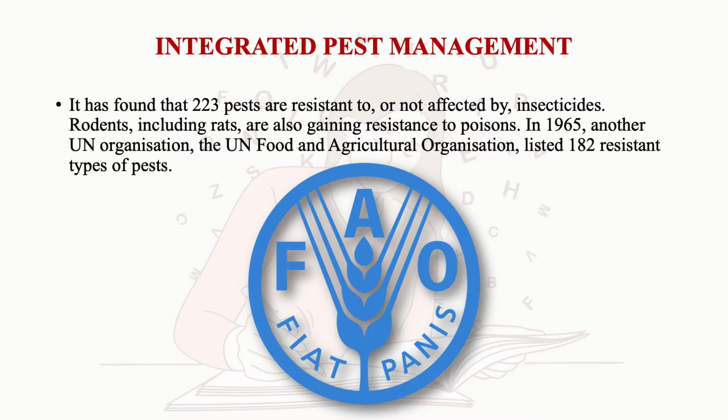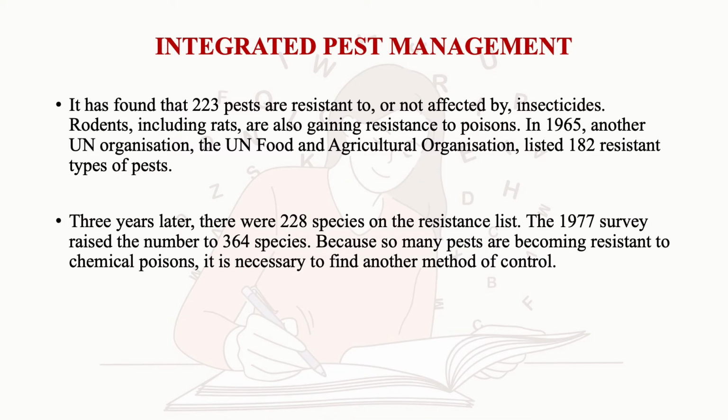In 1965, another UN organization, the UN Food and Agricultural Organization, listed 182 resistant types of pests. 3 years later, there were 228 species on the resistance list. The 1977 survey raised the number to 364 species.